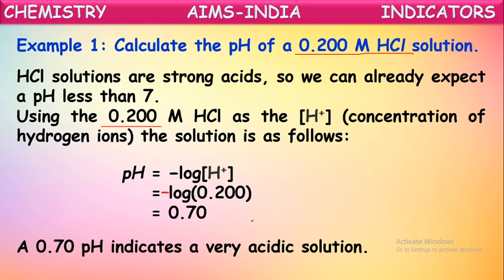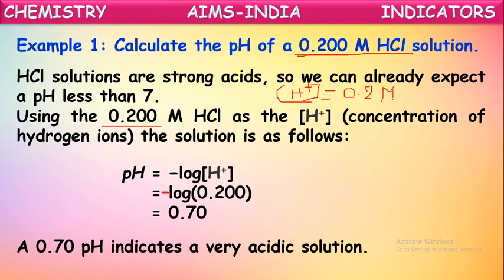So what we have done here, they have given the hydrogen ion concentration or acid concentration as 0.2. As it is a strong acid, the concentration can be taken directly as the H+ ion concentration. So H+ ion concentration is given as 0.2. If we know H+ ion concentration, we can calculate the pH value of the solution. How?